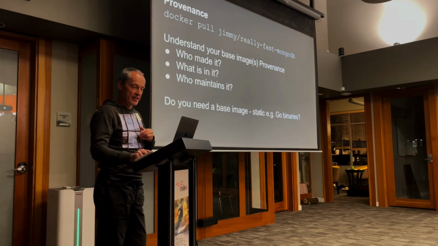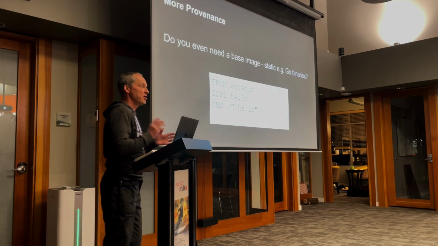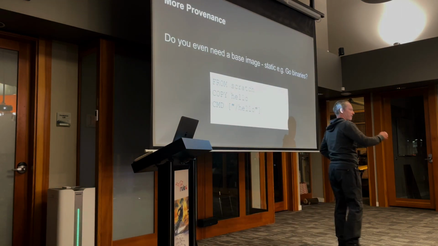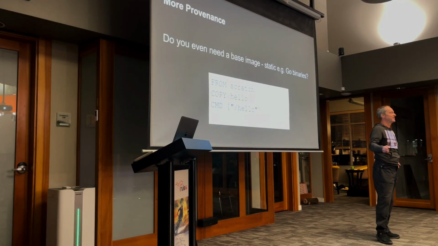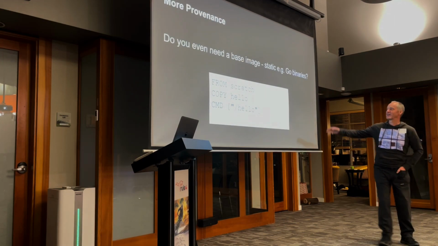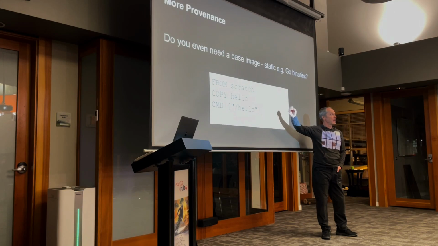But do you actually need a base image? Oh, hang on. You don't actually need a base image with certain languages. Any Go developers? Okay, so you don't need an image. From scratch, you can make an image which doesn't have a base image.